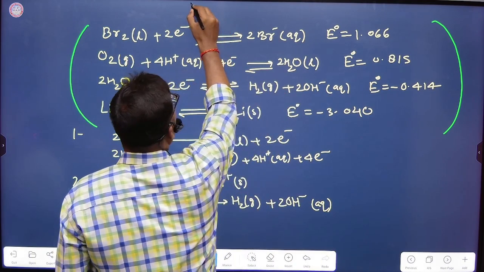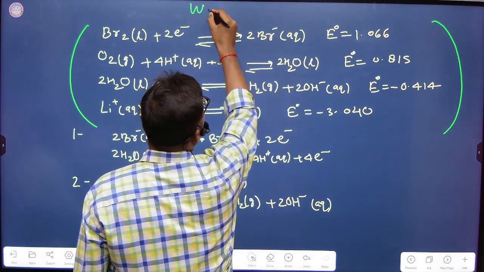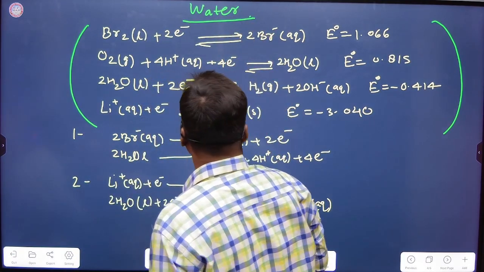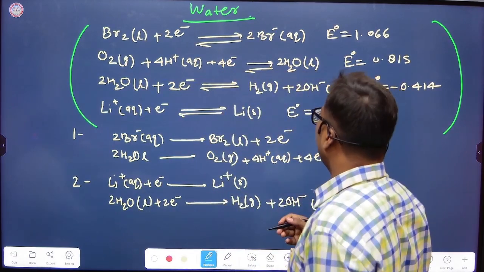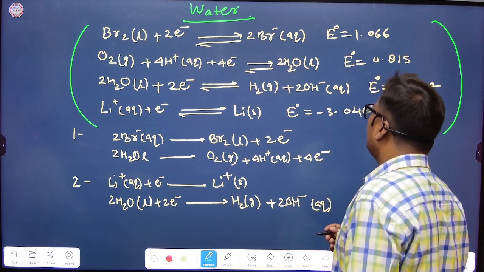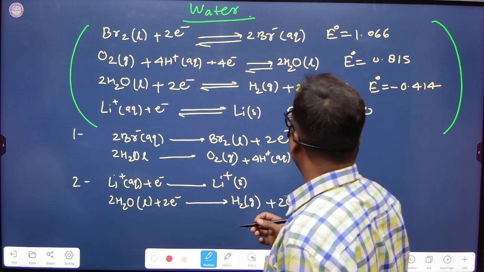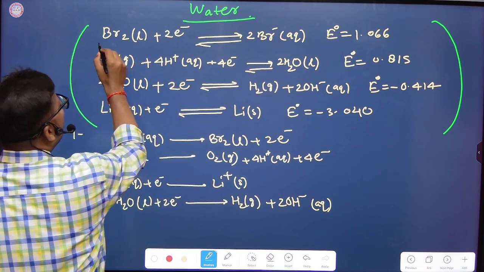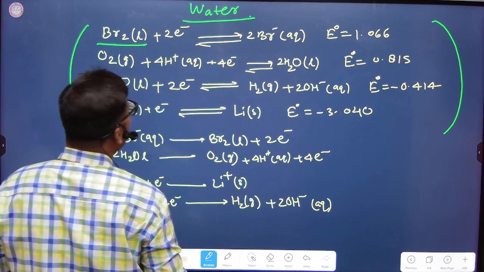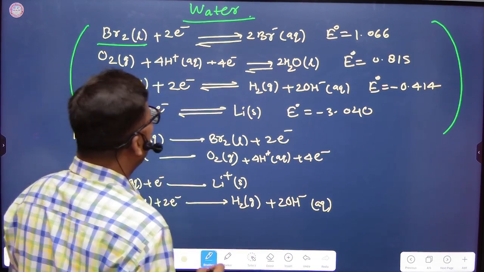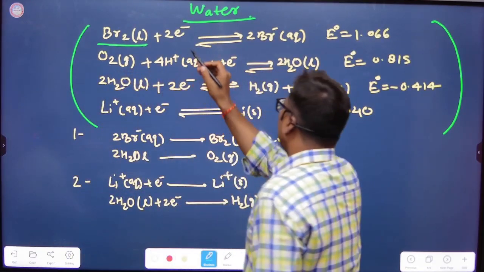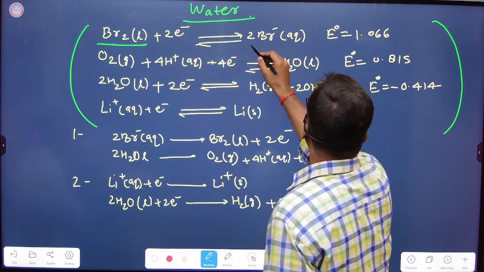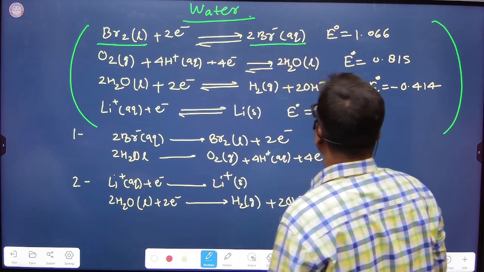Suppose we have a water system, right? So water contains electrolytes in the form of cations and anions. So there are possibilities of reactions. The bromine Br2 in liquid form gets reduced at the cathode by receiving 2 electrons and gets converted into 2Br- aqueous, right?